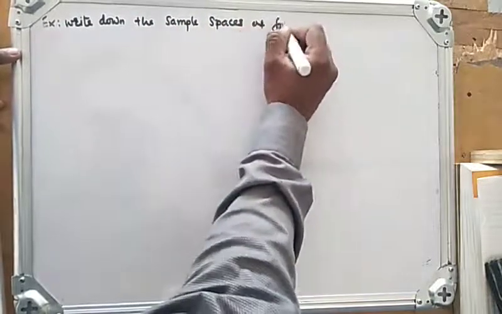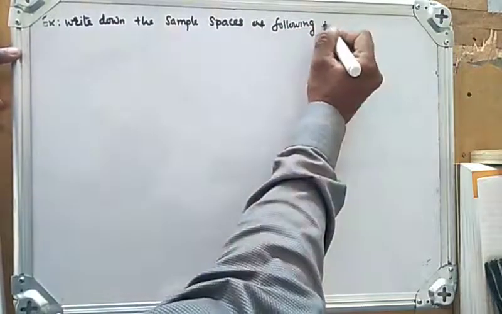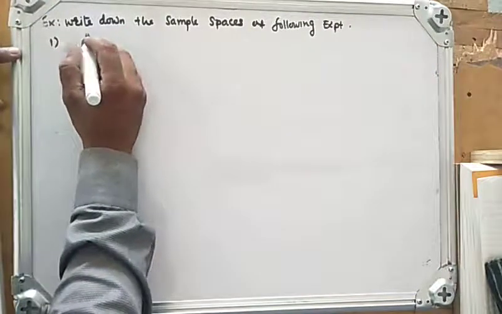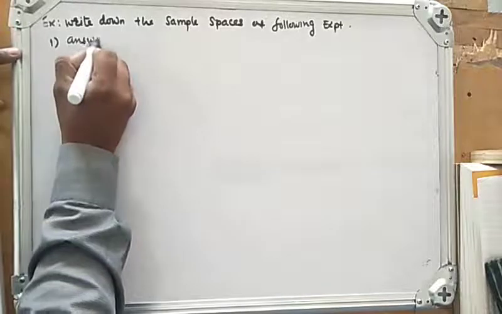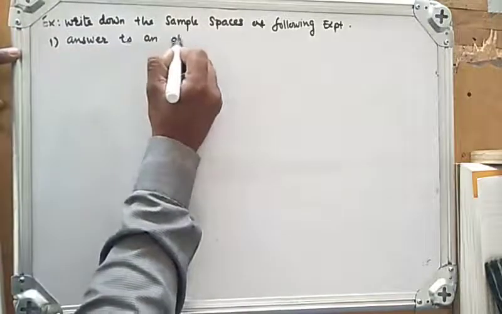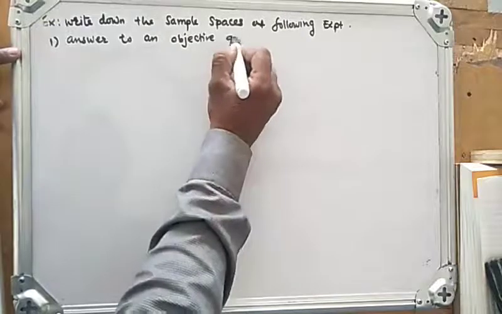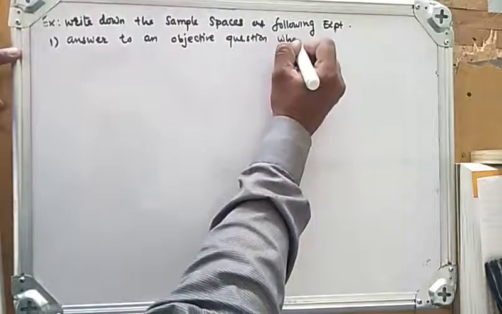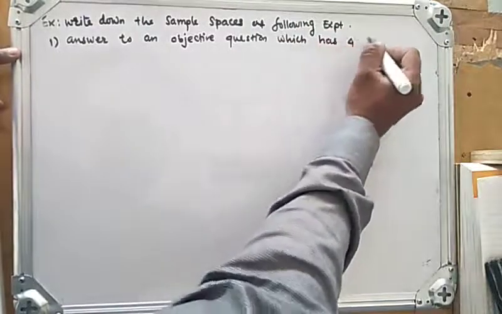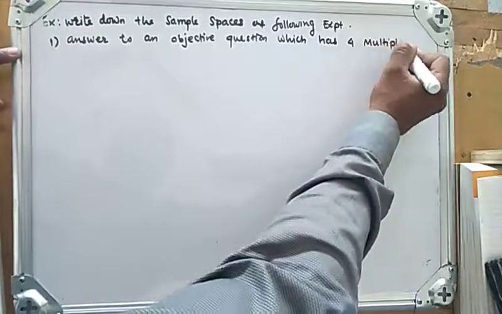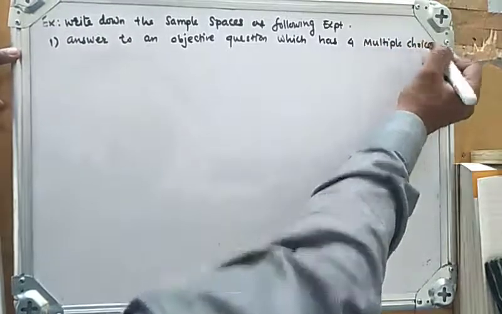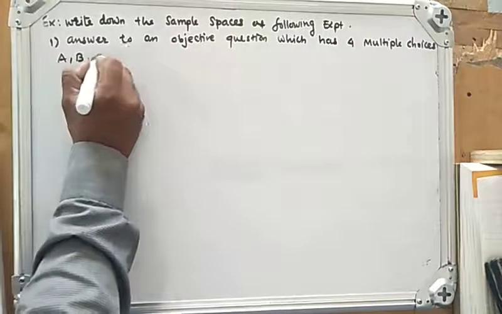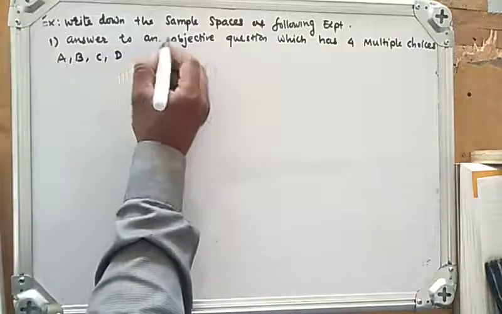So let's see the first one: the answer to an objective question which has four multiple choices A, B, C, D. The student ticks a single answer.